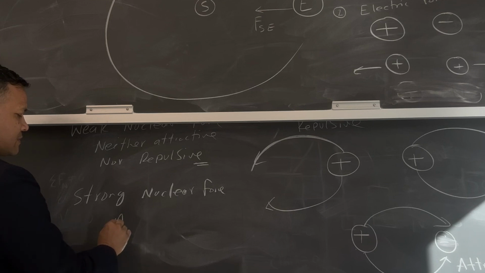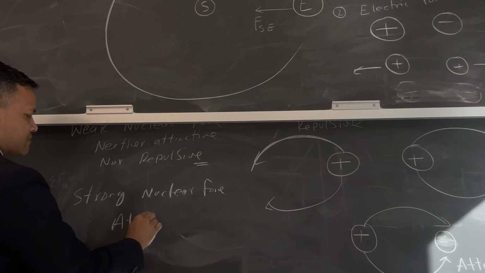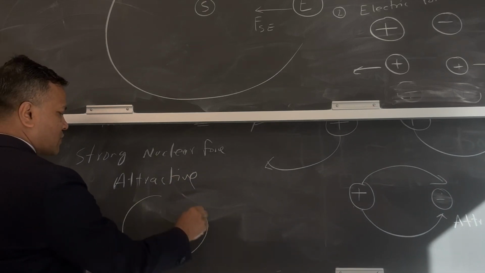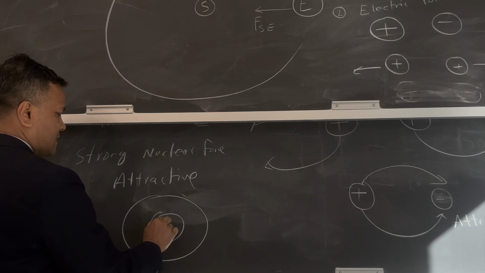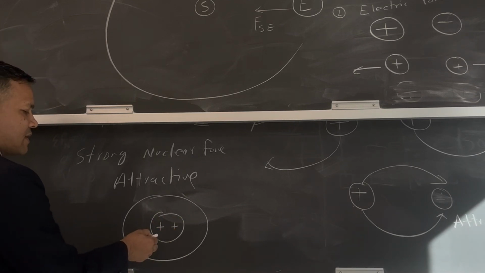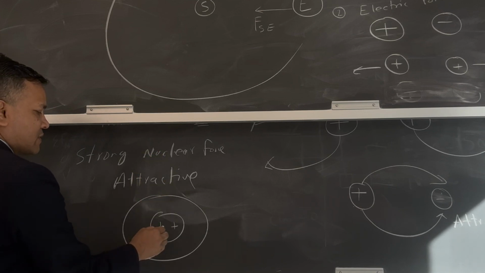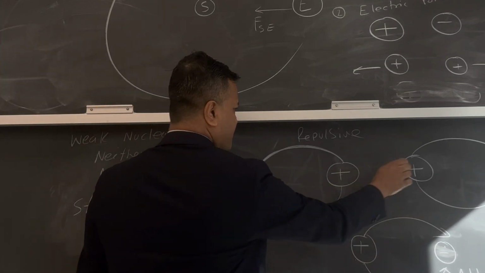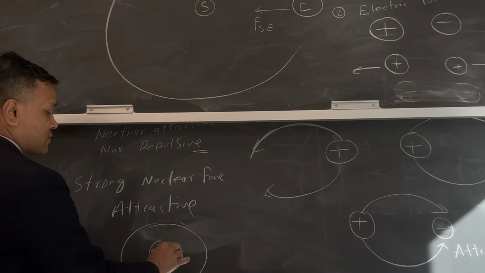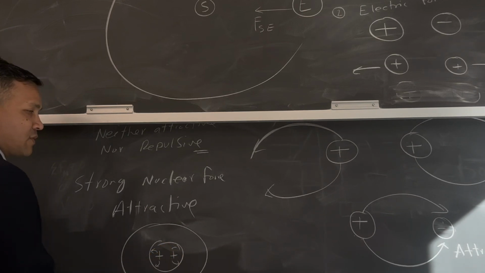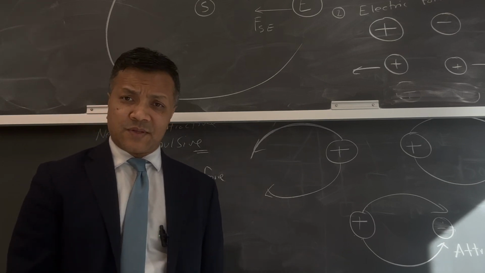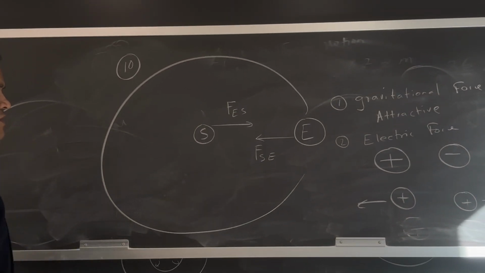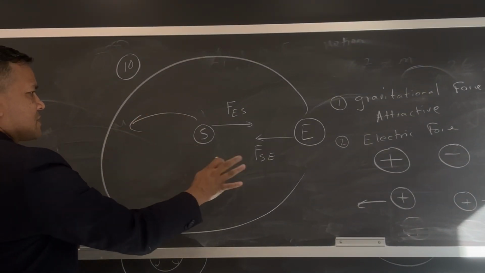Strong nuclear force is responsible to keep the protons inside the nucleus. So this is the helium nucleus, strong nuclear force. There is a repulsive force going on, just like this. So a strong nuclear force is responsible to keep them together in the nucleus. That's why the nucleus is stable. So gravitational force is attractive. How do you know? There is nothing moving away from this.